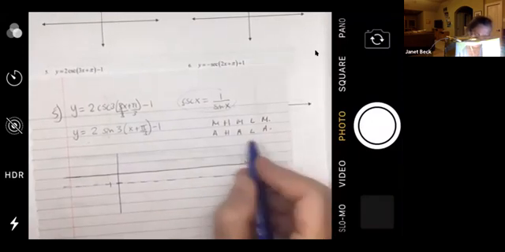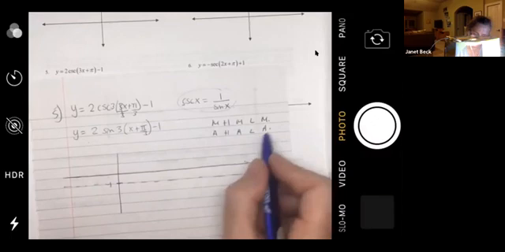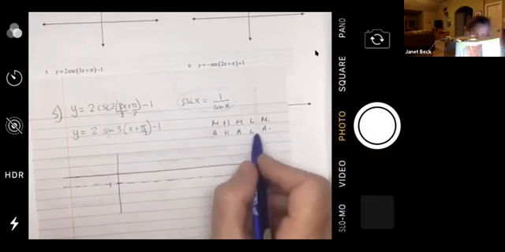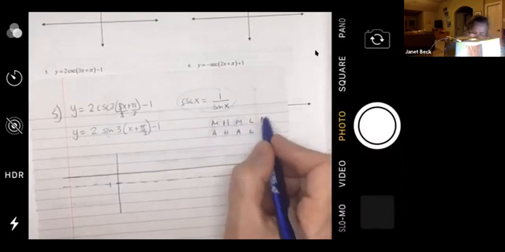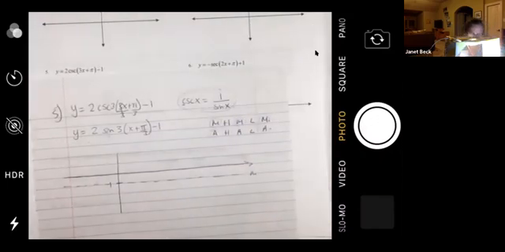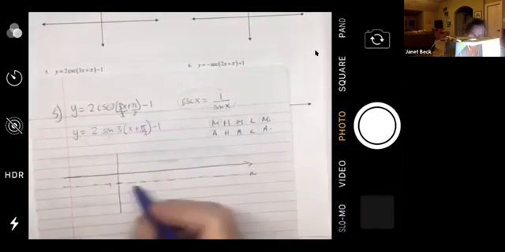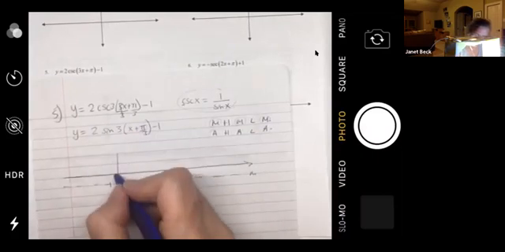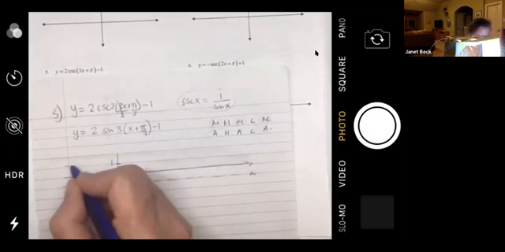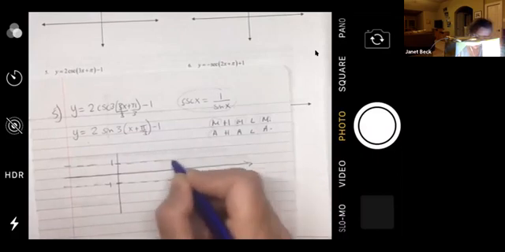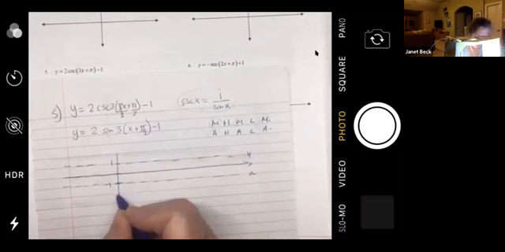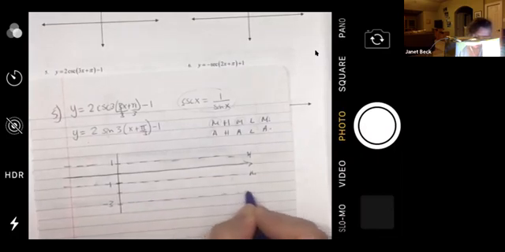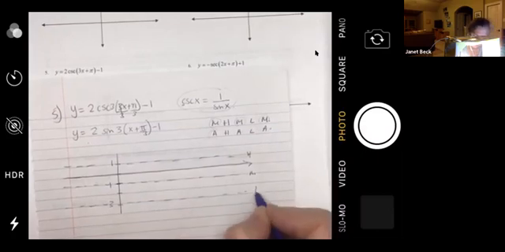And look, there's going to be none of them in the actual cosecant, but I am going to graph them when I put in my construction line for the sine. Then the amplitude is 2. So I'm going to go up 2 from that, which takes me to 1. And that's going to be all my high points on the high line. And down 2 from the midline takes me to minus 3. That gives me all my lows.